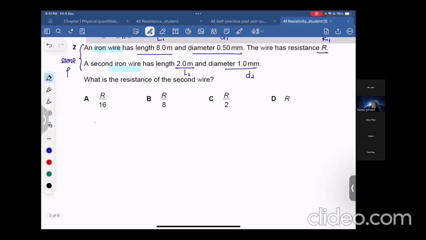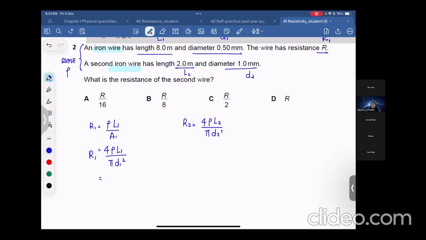So here I will do calculation for R1 equals rho L1 over A1. Because it's diameter, it becomes 4 rho L1 over pi D1 squared. This is R1. R2 is 4 rho L2 divided by pi D2 squared.